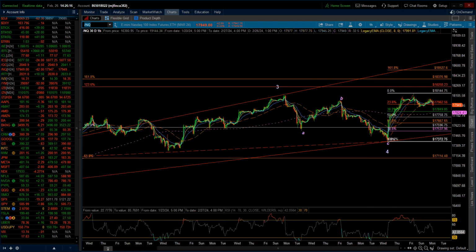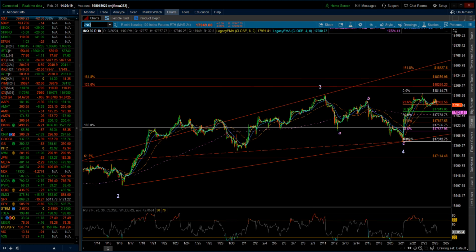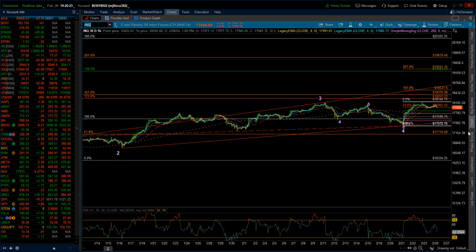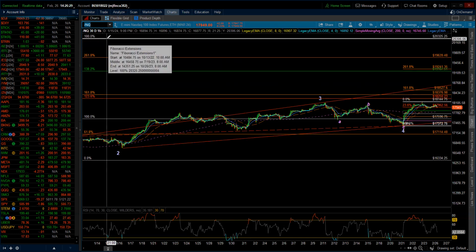Now, to start getting into the others, we are really above 19,000. So this is our first. This is wave C, by the way, way up there. Impossible? Not really, but I'd have to change my count a little bit here. And I'm not really seeing that necessity just yet.